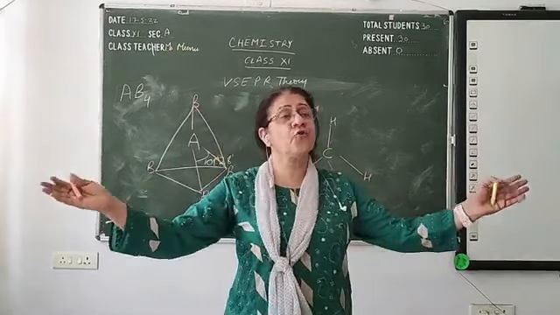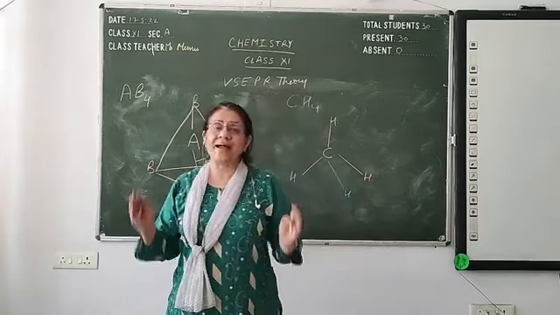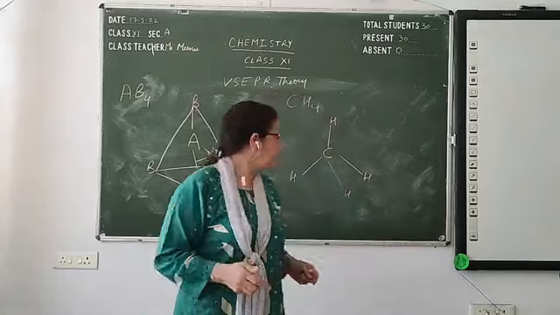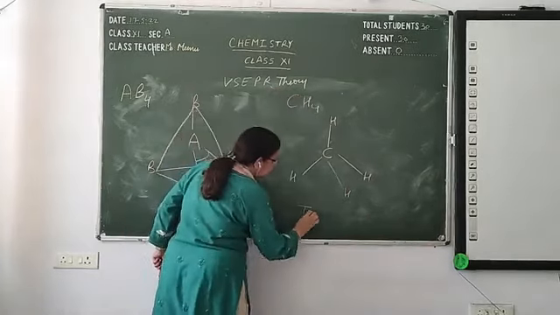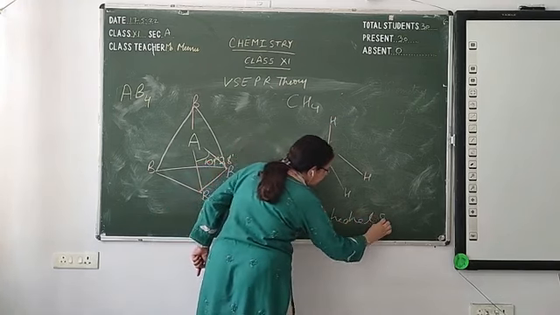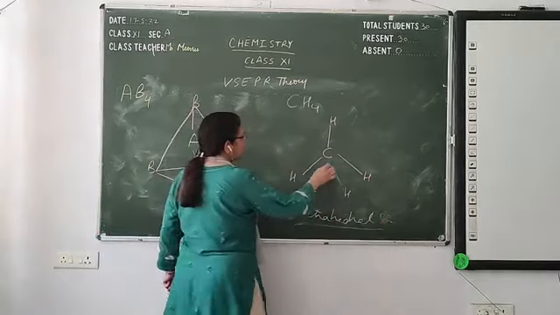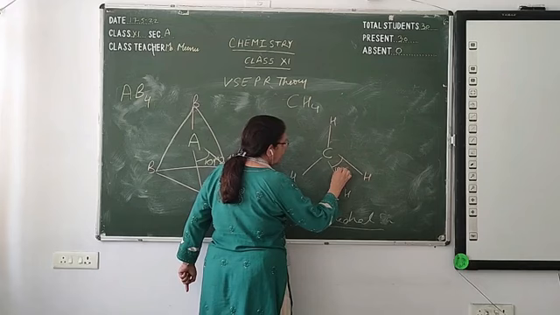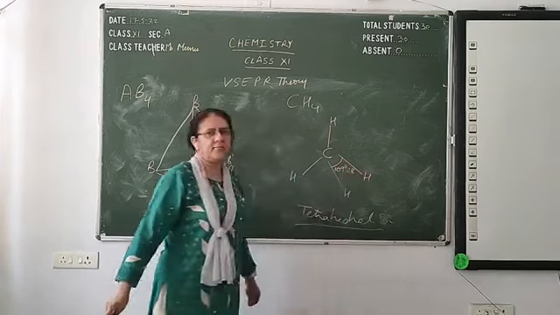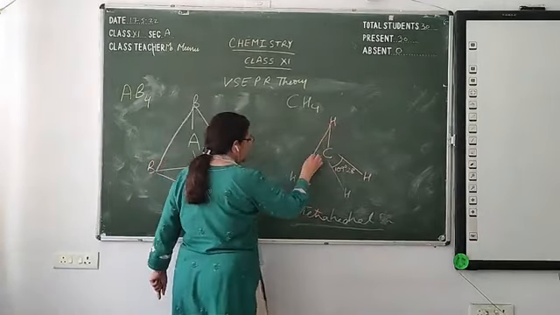And how are these 4 hydrogen atoms arranged? These 4 hydrogen atoms are arranged such that methane has a tetrahedral shape, and the bond angle is 109 degrees 28 minutes.